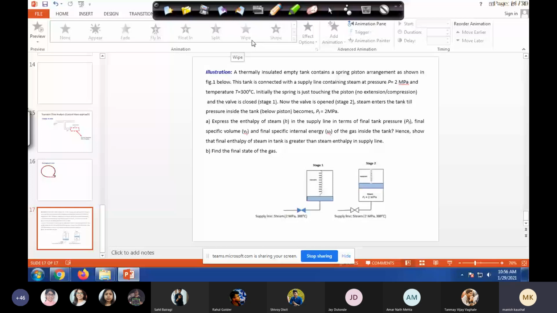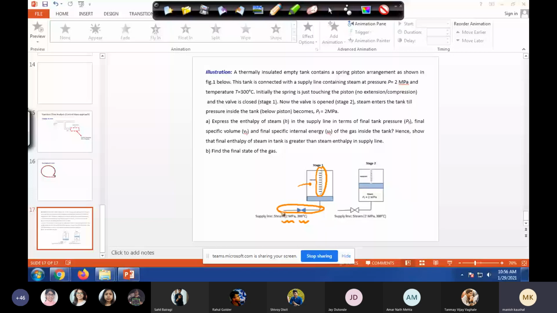What does this problem say? This is again the same problem but a bit twisted. Here you have a supply line with steam at 2 megapascal and 300 degrees Celsius. This is the tank where we have a spring kind of arrangement. Initially there is vacuum inside it, and the spring is at its natural length, no extension, no compression. Then this gas enters. What will happen when this gas enters?